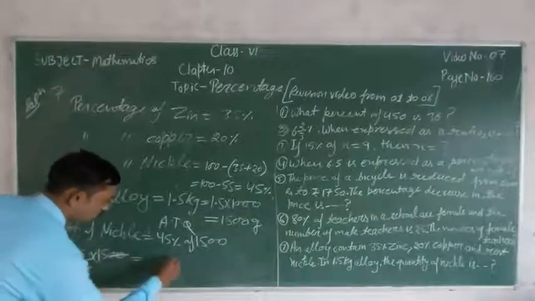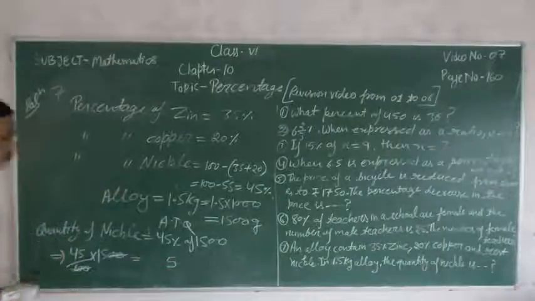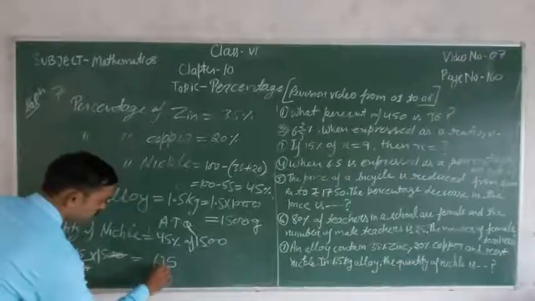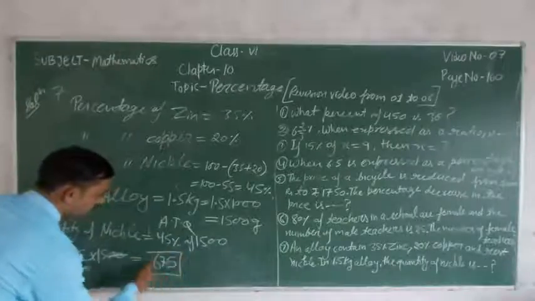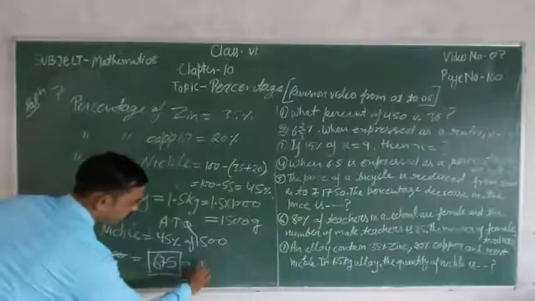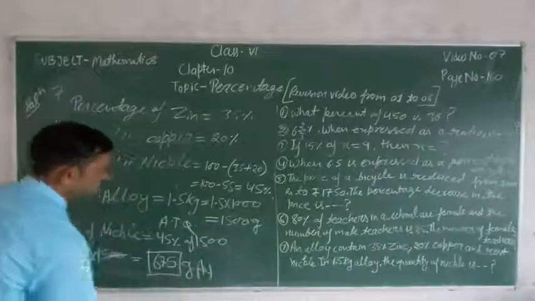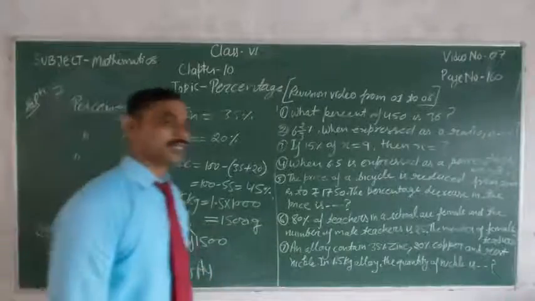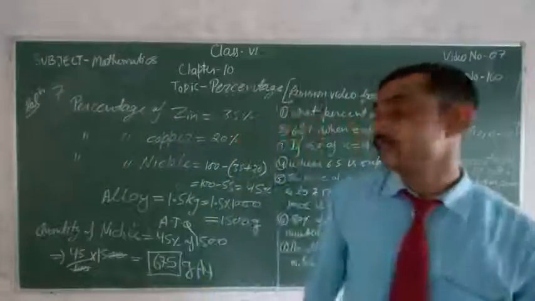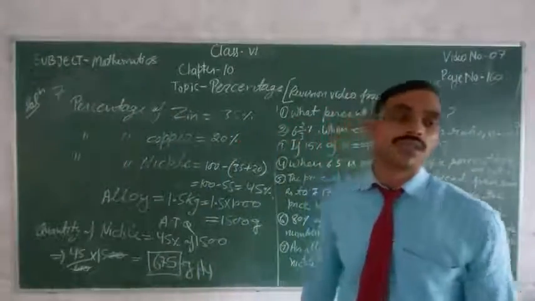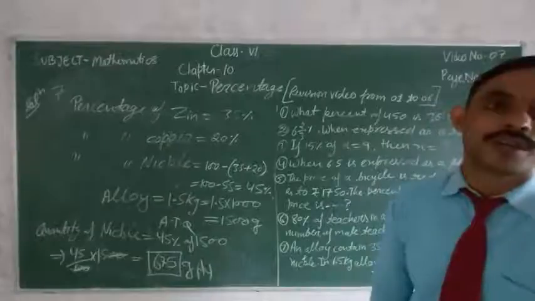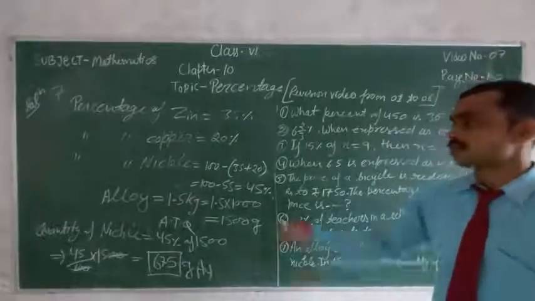Now 15 fives are 75, 15 fours are 60 and 7 carried makes 67, that is our answer. So 675 gram is the quantity of nickel in this alloy of 1.5 kilogram. Please note it down.